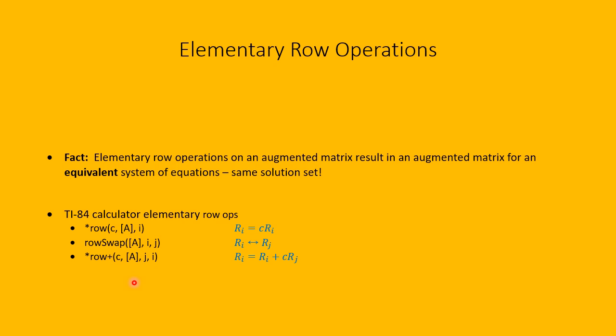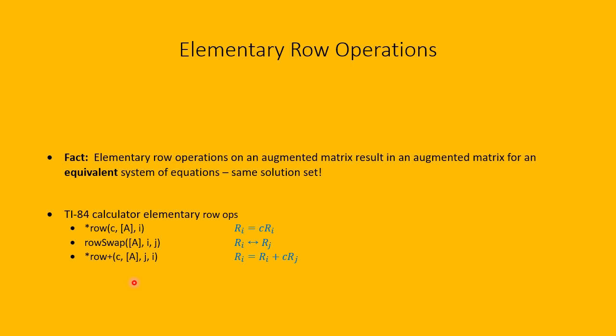You can get to those by using the matrix command, and then you can edit a matrix. You can enter a matrix using a matrix editor, and then you can use these three commands to do elementary row operations.